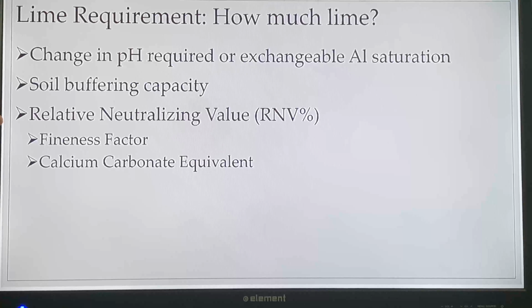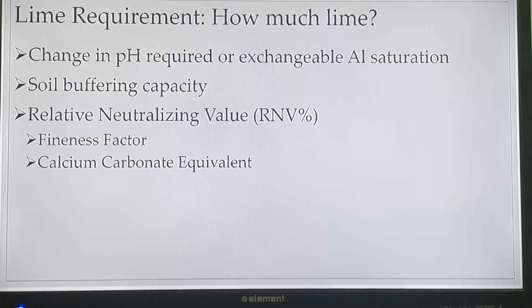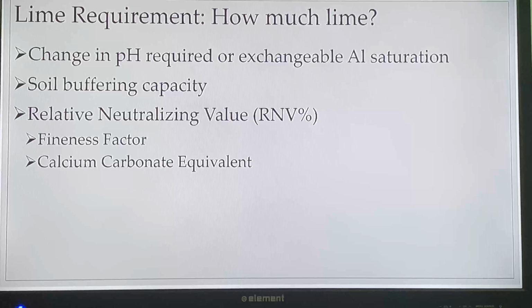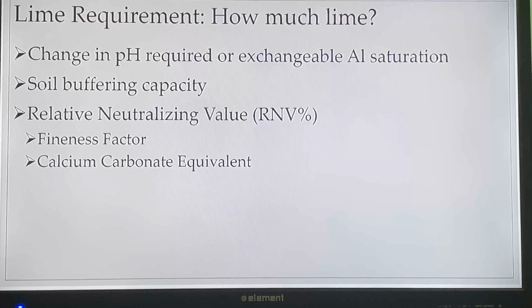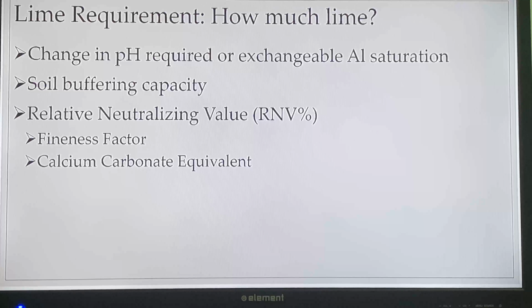The soil test is going to give us a recommendation of pure 100% calcium carbonate. However, the co-op might not have exactly pure 100% calcium carbonate. Much like our fertilizers, there's less nutrient or calcium carbonate in those materials.